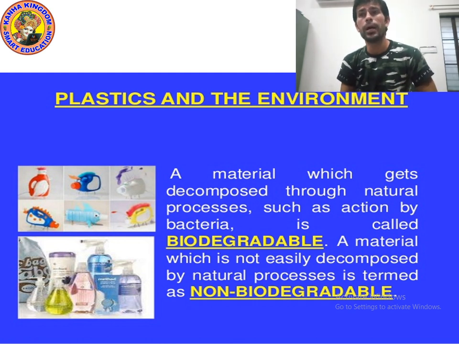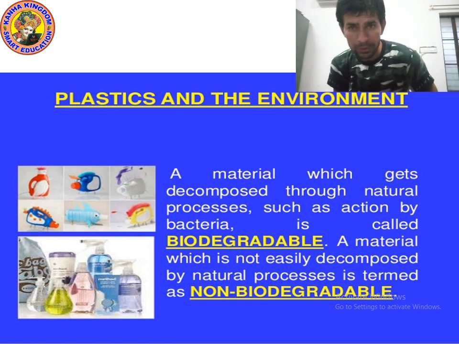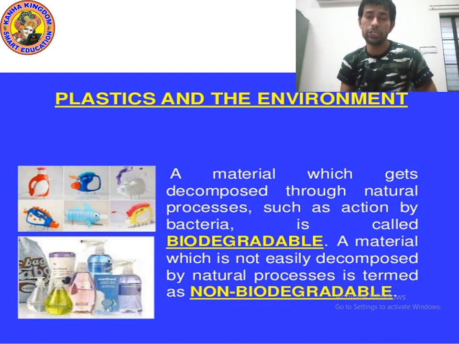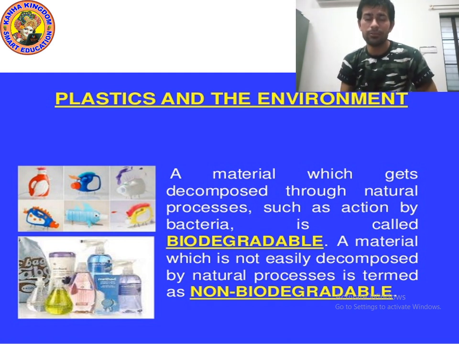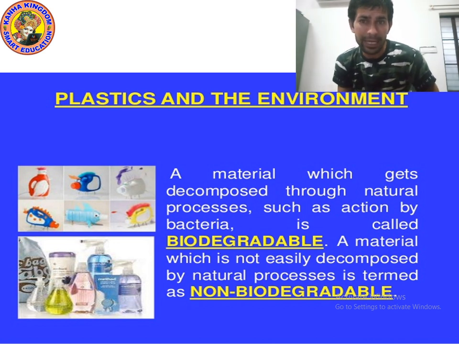Now what is the meaning of biodegradable and non-biodegradable? Materials which get decomposed through natural processes, by the action of bacteria, are known as biodegradable, and materials which cannot decompose by natural processes are known as non-biodegradable.